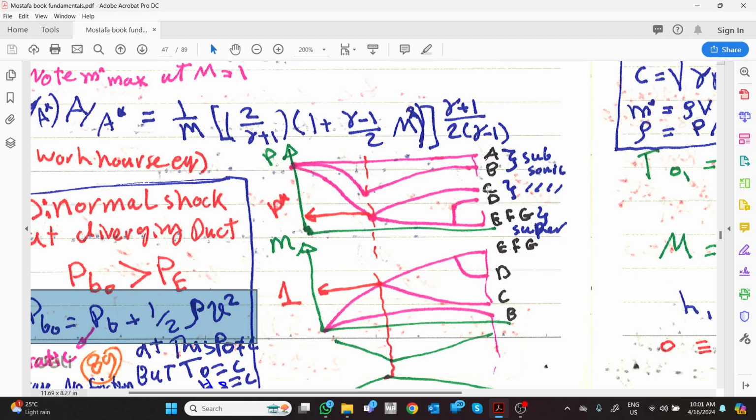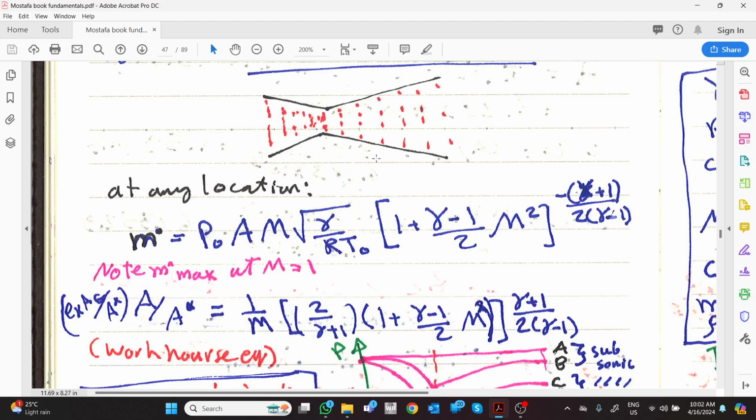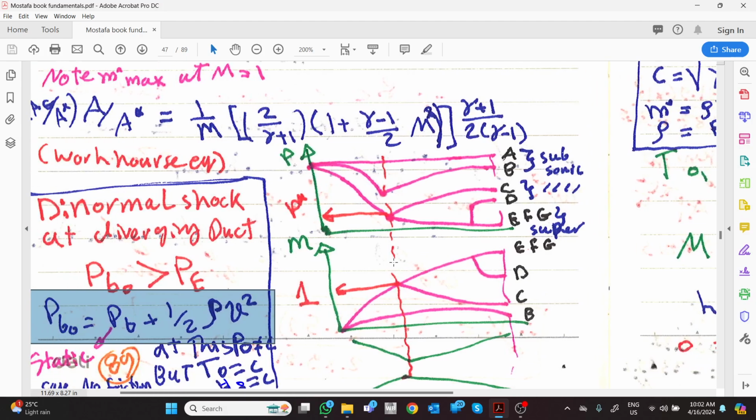At C, let's assume the back pressure is equal to P star, but the stagnation pressure is higher than the back pressure. So what will happen? It will reach Mach number 1, then it will reduce back again.